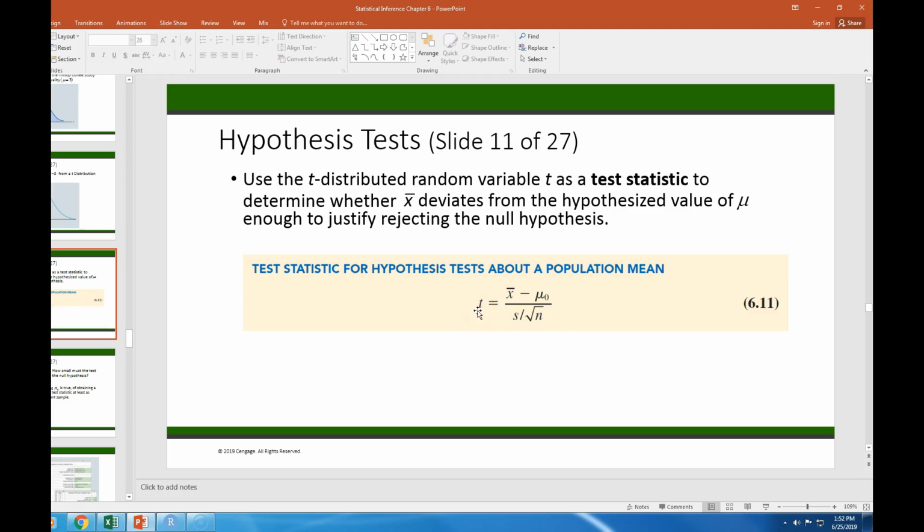The t-statistic, which is represented by this little t, is equal to the sample mean minus the hypothesized value of the population divided by the standard error of the sample, and the standard error is calculated as the standard deviation divided by the square root of the total sample size.